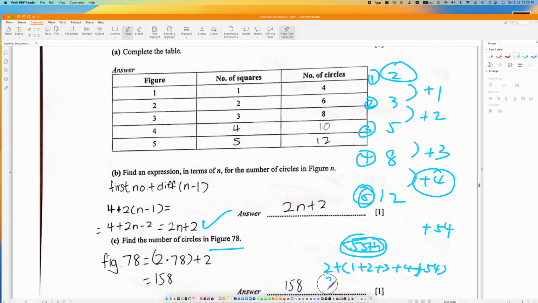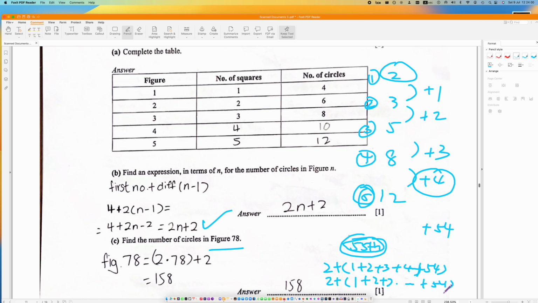So you need to find out 2 plus 1 plus 2 plus 3 plus up to 54. Make sense? Then use your calculator, 1 plus until 54, then get the number, then plus the 2.